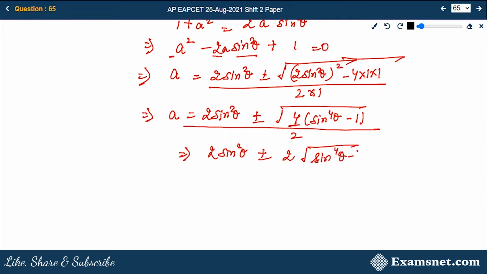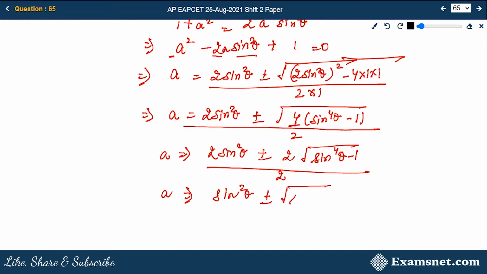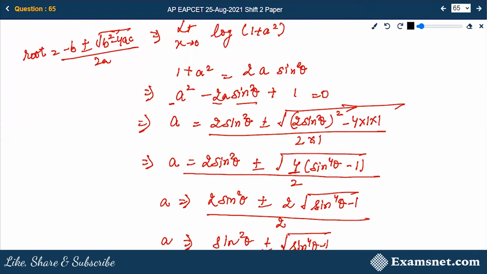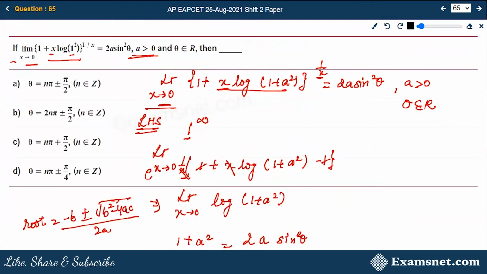This will be sine raised to power 4 theta minus 1 divided by 2. So this whole equation will become A is equal to sine square theta plus minus square root of sine raised to power 4 theta minus 1.